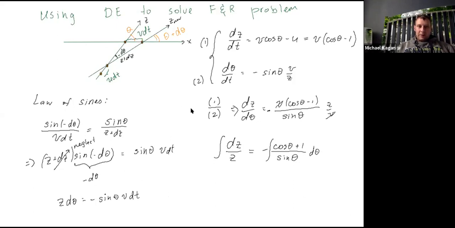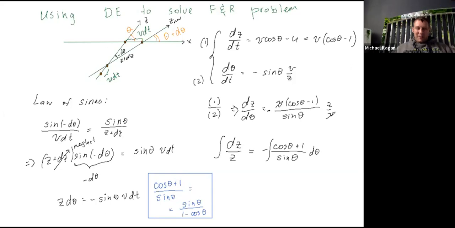So let me put it somewhere on the side. Over here. So this actually can be rewritten as sine theta divided by 1 minus cos theta. Look at it and tell me if it makes sense at all.